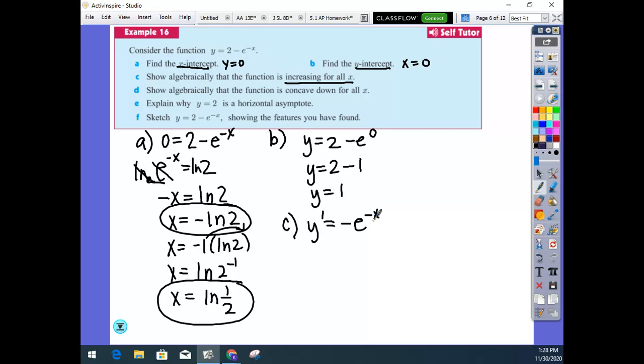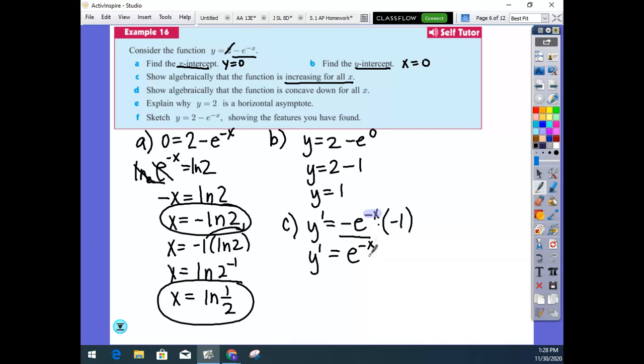So I bring down the 2, that cancels, I'm left with negative e to the negative x times the derivative of the exponent, which is -1. If I take negative e to the negative x times -1, my first derivative is just positive e to the negative x.